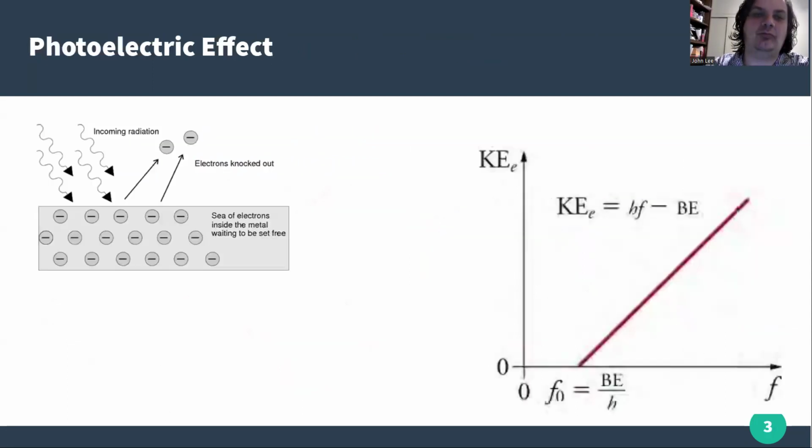So the photoelectric effect is everywhere. You see it whenever you see an electronic eye, which measures whether or not you're there by bouncing photons off and seeing if there's a current that's introduced.